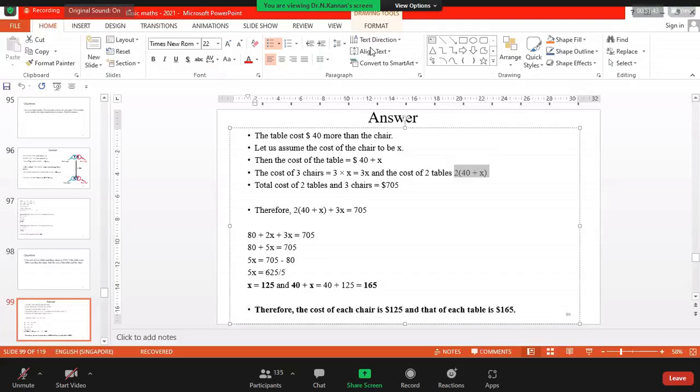So the cost of the chair would be $125, and the cost of the table is 40 more than the price of the chair, so it would be 125 plus $40. So the cost of the table would be $165.